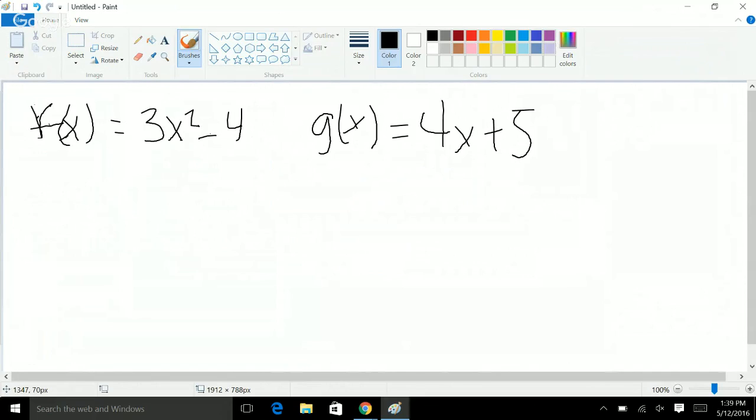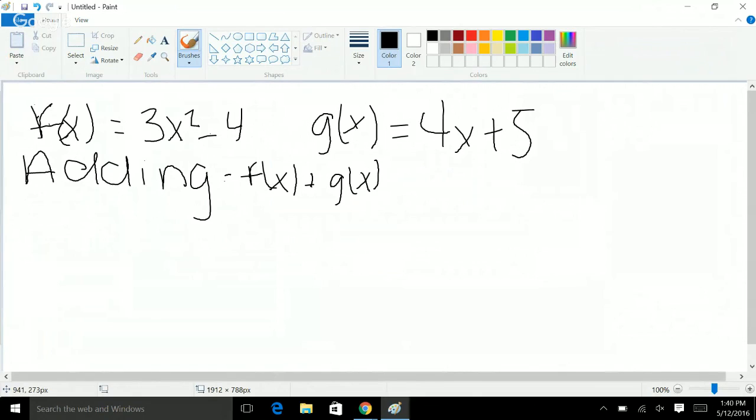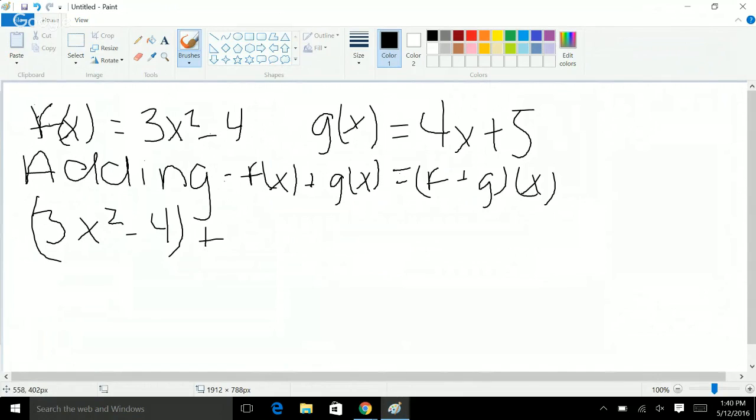First, we will be adding, and this would be f of x plus g of x, equals f plus g of x, and that would look like 3x squared minus 4 plus 4x plus 5.